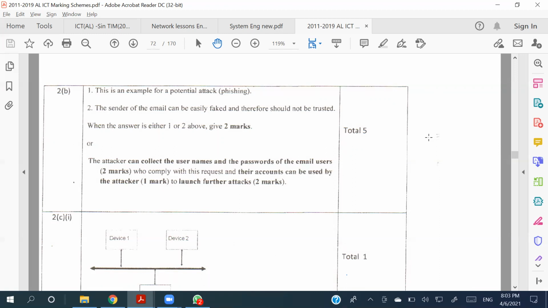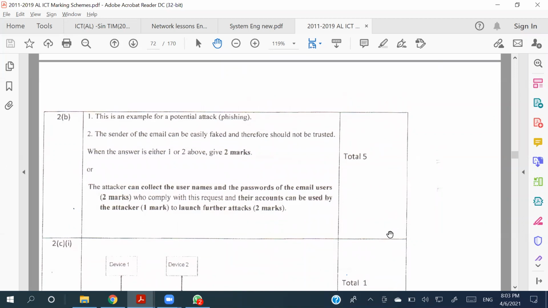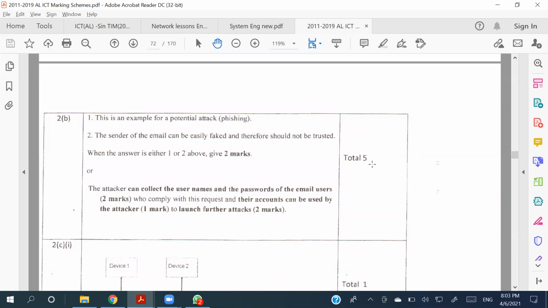If it says the attacker can collect the username and password for email users who comply with this request, the account can be used by the attacker to launch further attacks, right? Things related to what is written there. So the portion is big. They have given 5 marks for that.